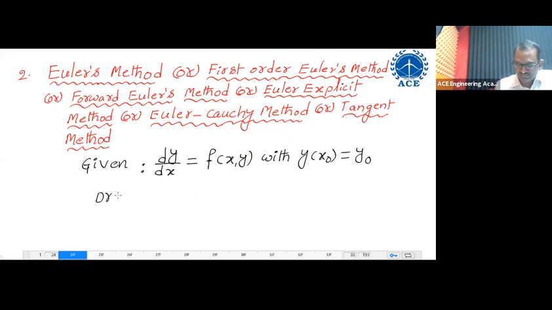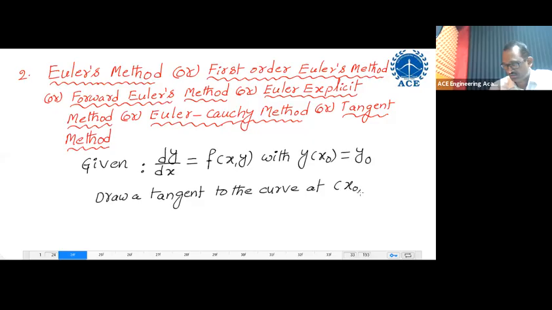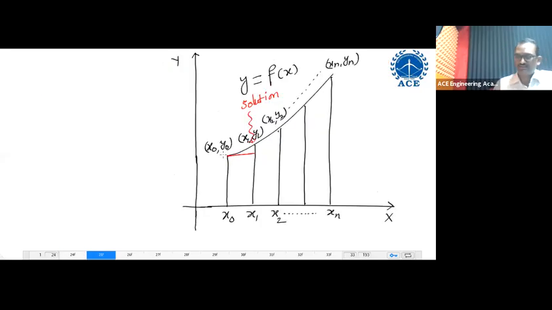Write this. Draw a tangent to the curve at x0, y0, means at this point.